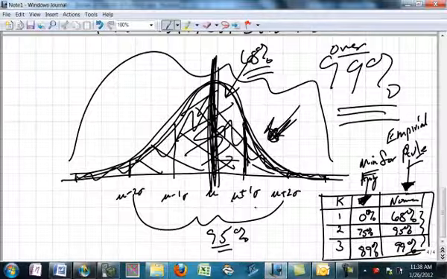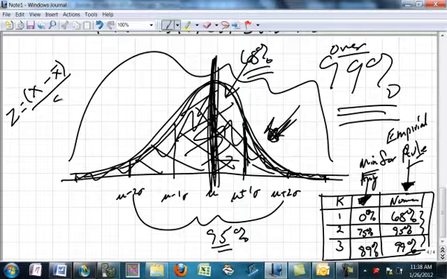And a little bit about z-scores. Remember, z-scores were you take an x value, you subtract the mean, so that right there is how far you are from the mean, and you divide that by the standard deviation. That's going to tell you how many standard deviations you are away from the mean. If the z is positive, you're on the right, and if z is negative, you're going to be on the left.